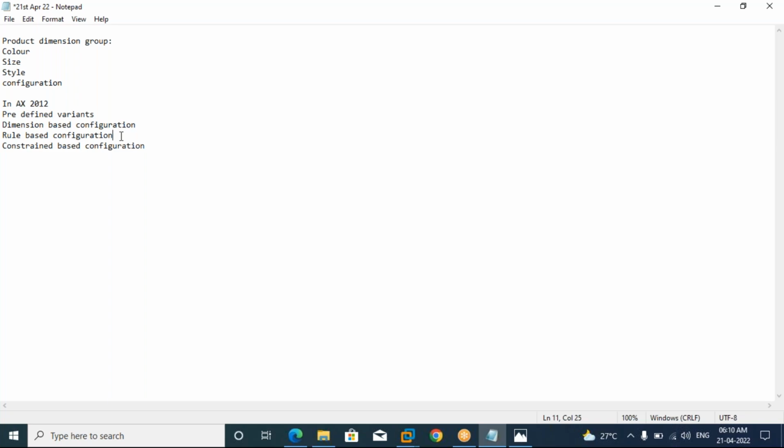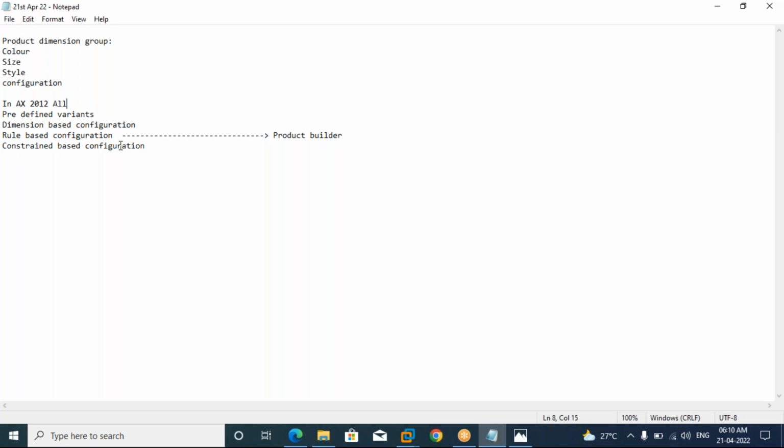Okay, this rule based configuration is one of the modules called product builder. This module is available in the previous versions, means AX 2009 and in all 2012 versions.